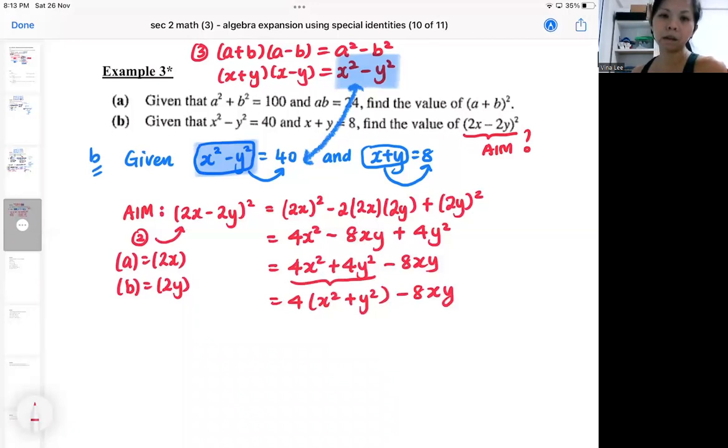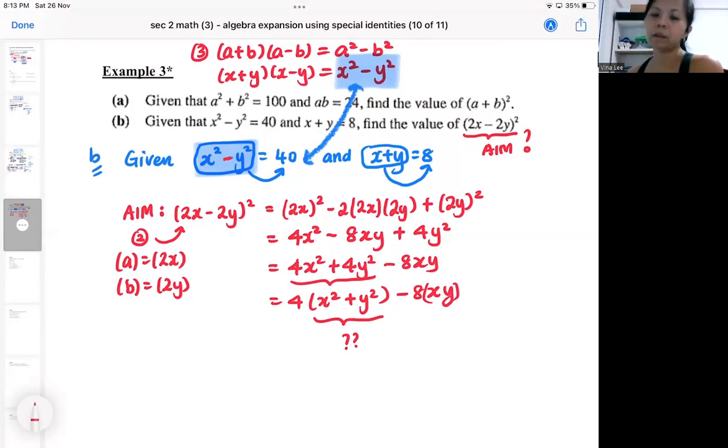You realize I do not have the block of numbers. I have x squared minus y squared, but I do not have x squared plus y squared, and I also don't have this. So even though I apply my formula correctly, I cannot continue. I cannot find any values.